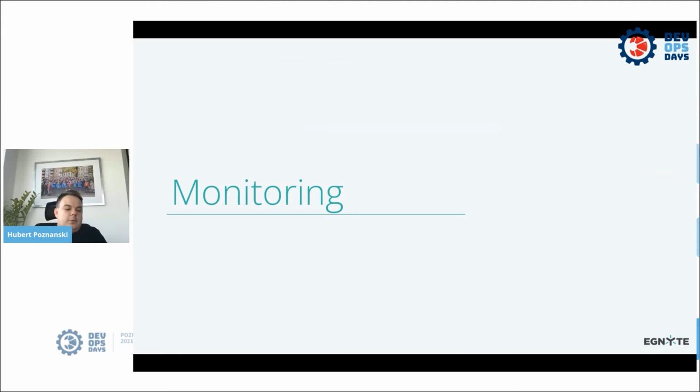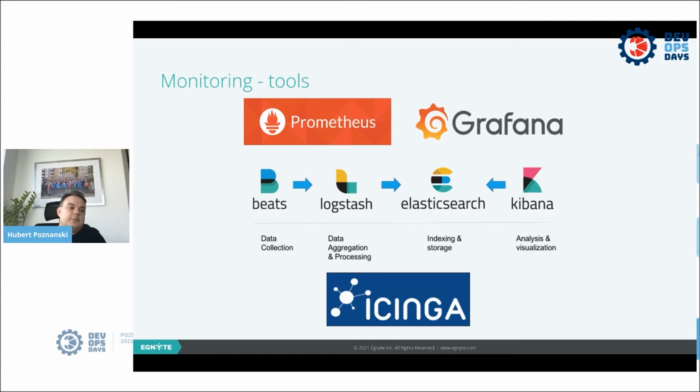So for monitoring, we use a rather standard set of tools. Prometheus to collect the metrics, as a standard for our environment. Prometheus is deployed on each cluster separately. We use Grafana to visualize these metrics.